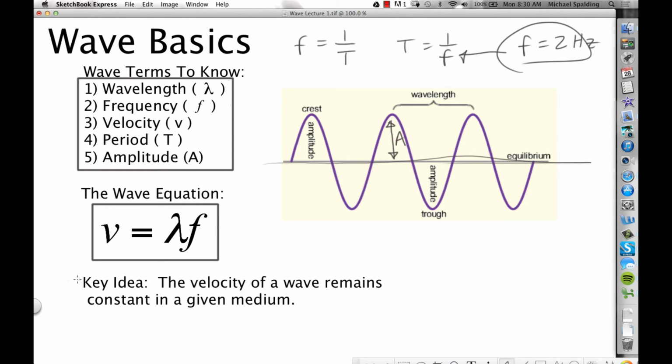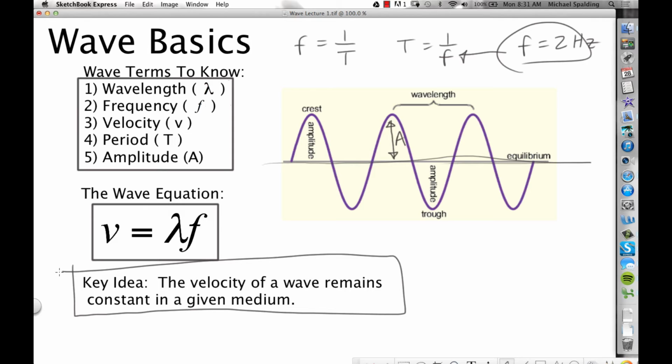All right, now, key idea, and we're going to come back to this in a moment. The velocity of a wave remains constant. It remains constant for a given medium. If the medium changes, like let's say you have a light wave, right? Light is wave-like. What if light goes from air to water?